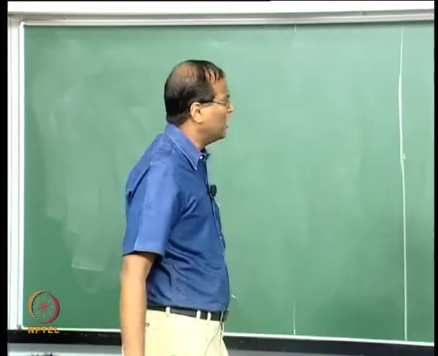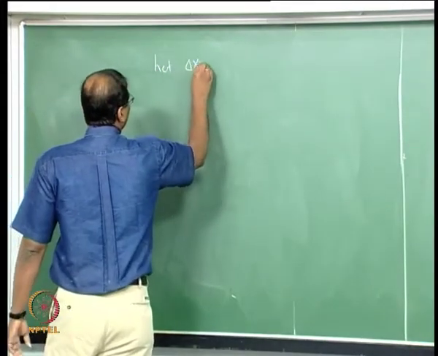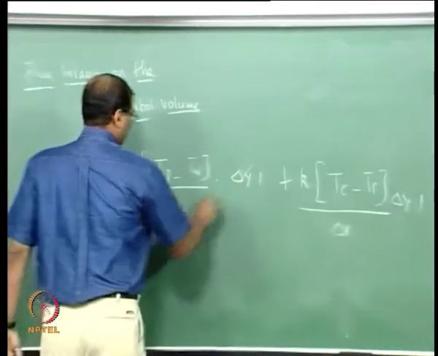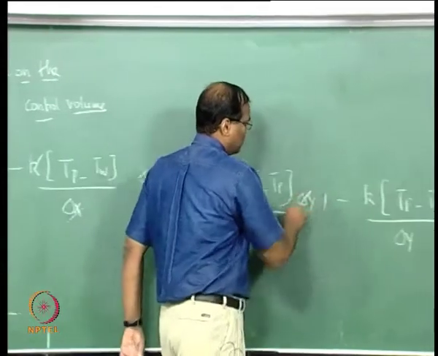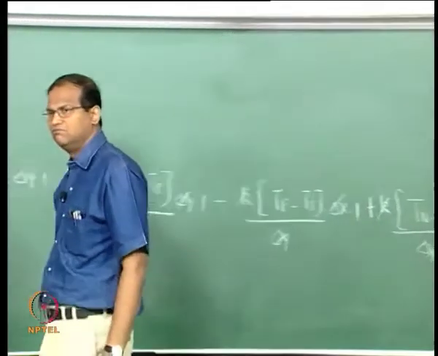Now if you simplify, what do you get? Let delta x be equal to delta y. I think it's cancelled.